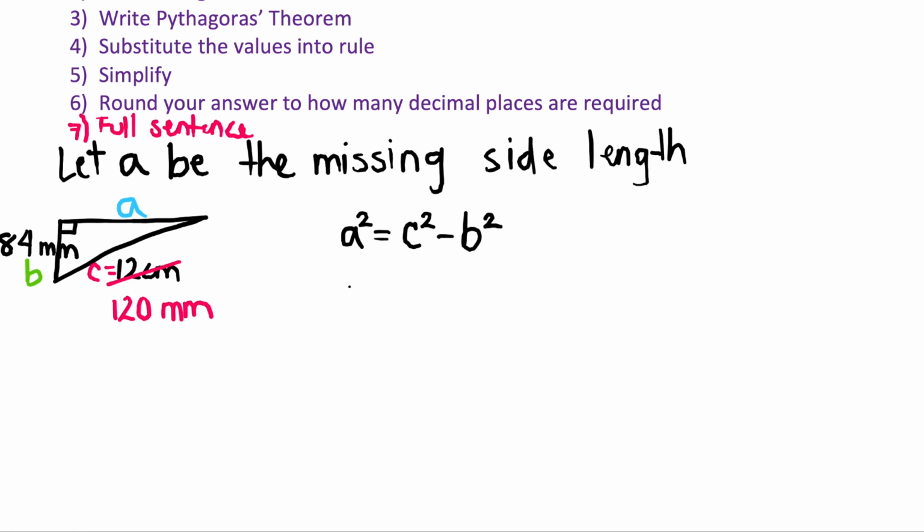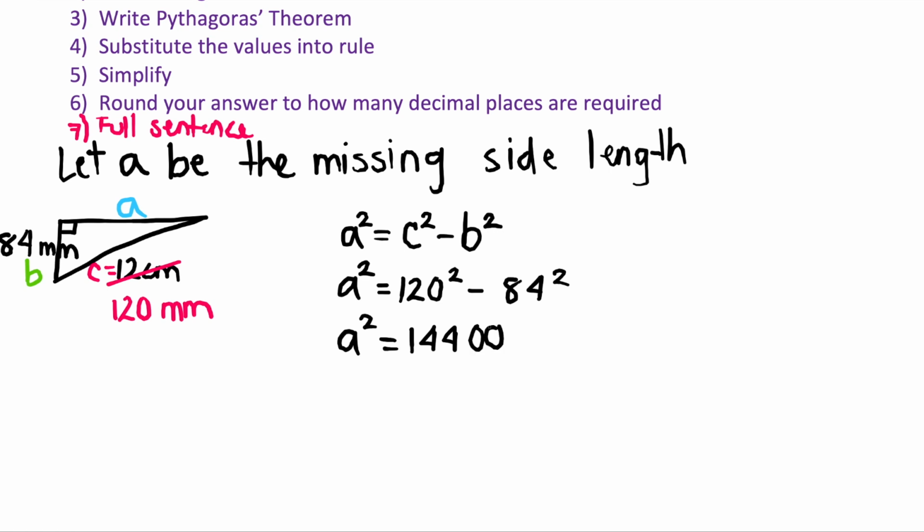And now I'm going to substitute. B remains the same. C is 120 squared, take away 84 squared. And then I have A squared is equal to 14,400 take away 7,056.